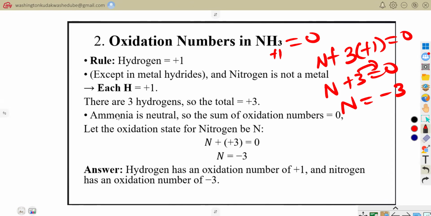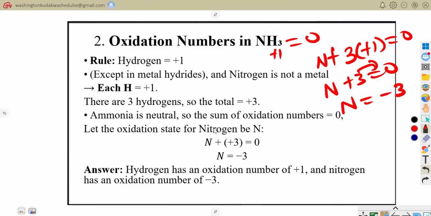This is what they were saying here: there are 3 hydrogens, so the total will be +3, and ammonia is neutral. Ammonia is a molecule, and according to the rule for molecules and compounds, the sum of the oxidation numbers is equal to 0.